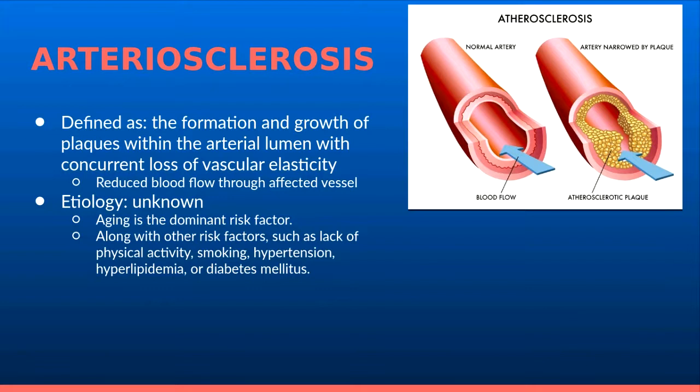As we can see in this picture, this condition can lead to consequent blood flow reduction through the affected vessels, and it has long been associated with cardiovascular disease-related death.